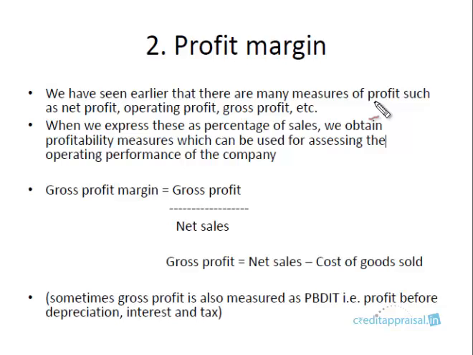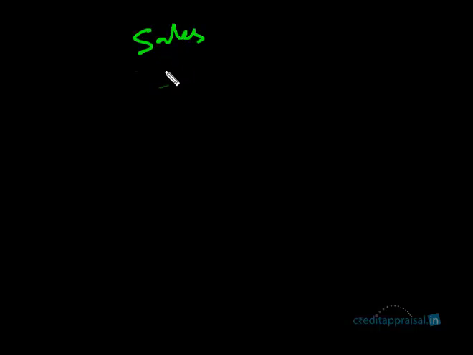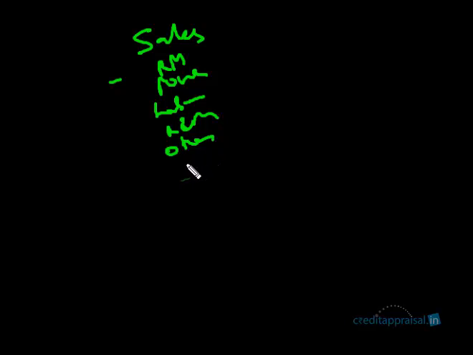So let us start with the major ratios. The first category of ratios we are going to look at is the profitability ratios. There are a variety of measures to calculate profit. If you recall our earlier discussion on profits, we started with sales, from which we deducted various expenses: raw material, power, labor, repairs and maintenance, all the direct expenses, and depreciation.